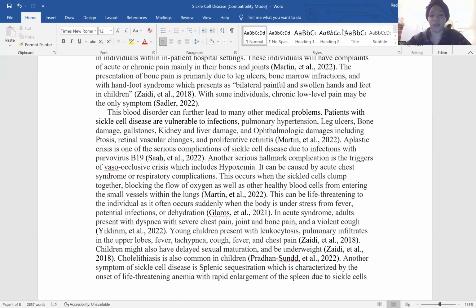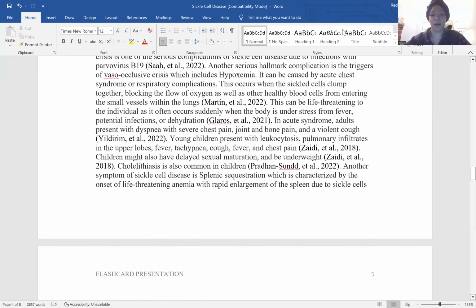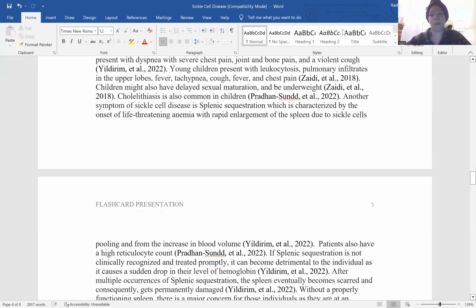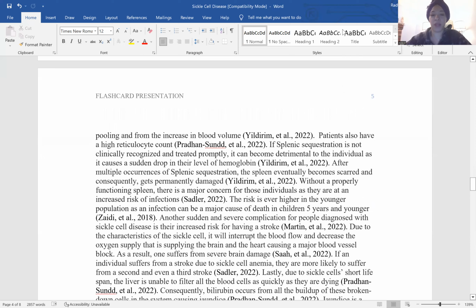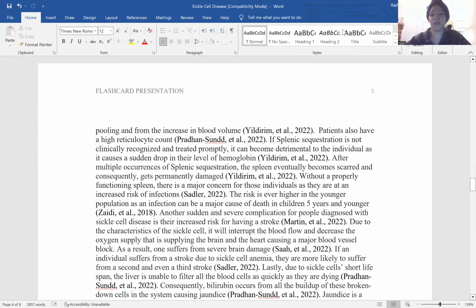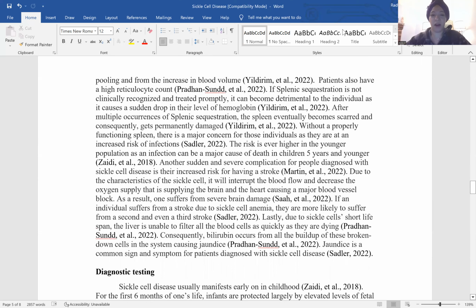Another symptom of sickle cell disease is splenic sequestration, which is characterized by the onset of life-threatening anemia with rapid enlargement of the spleen due to sickle cells pooling and from the increase in blood volume. Patients have a high erythrocyte count.